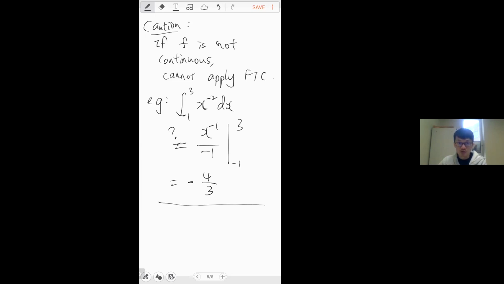So let's see what is 1 over x squared. What does it look like in the graph? 1 over x squared should look like this, right? Let me do the next page.